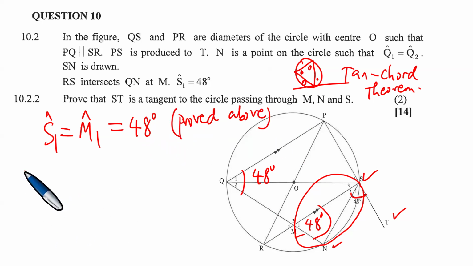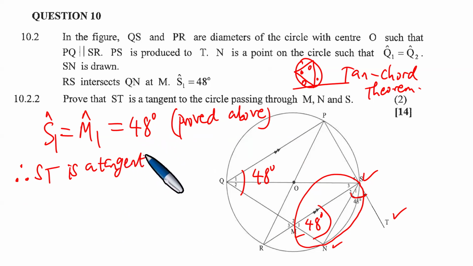So the conclusion is that therefore ST is a tangent to circle MNS. We've shown that ST is a tangent to circle MNS.